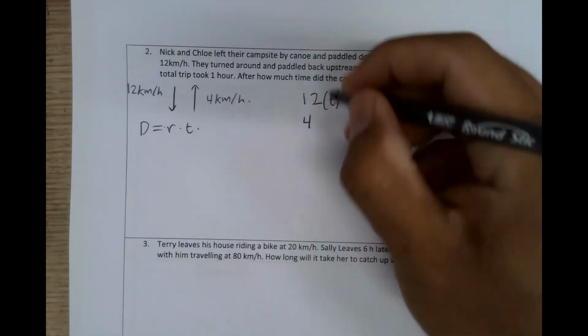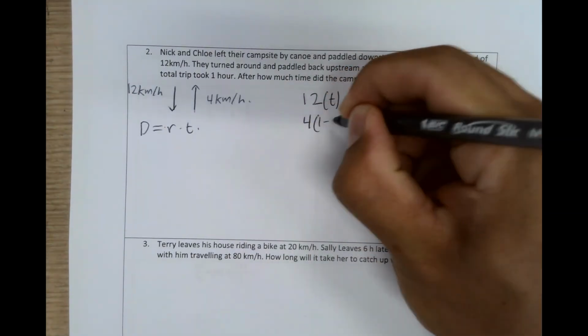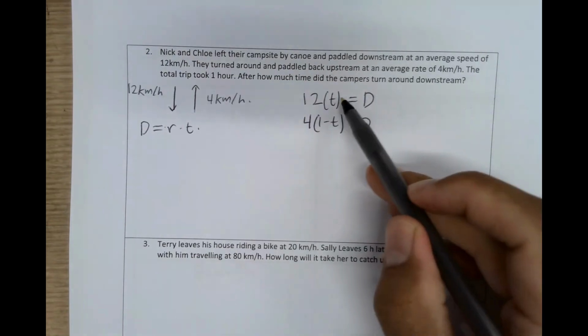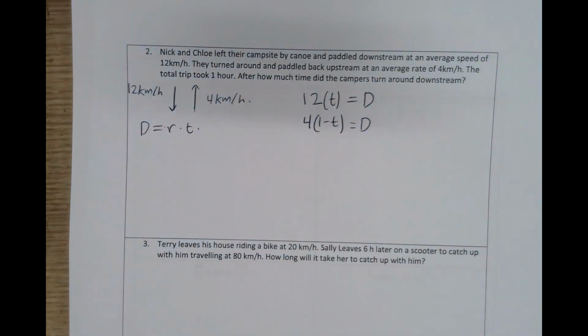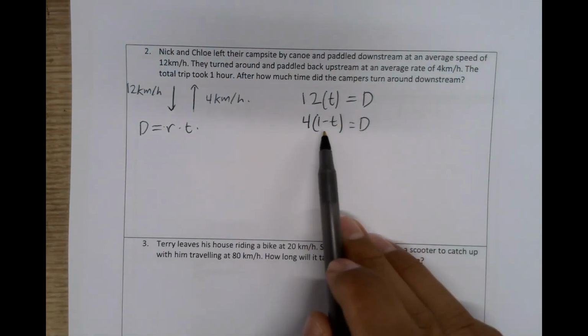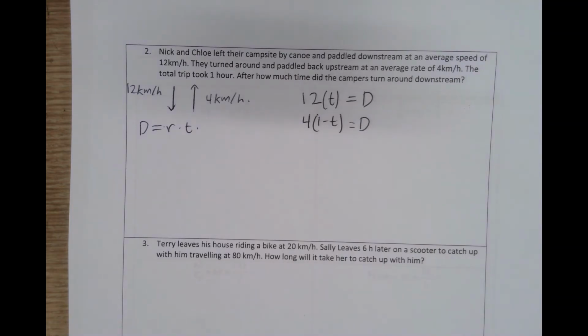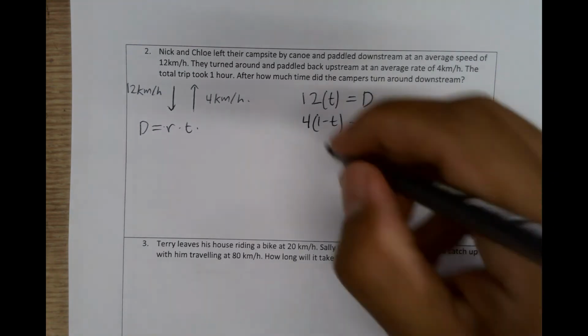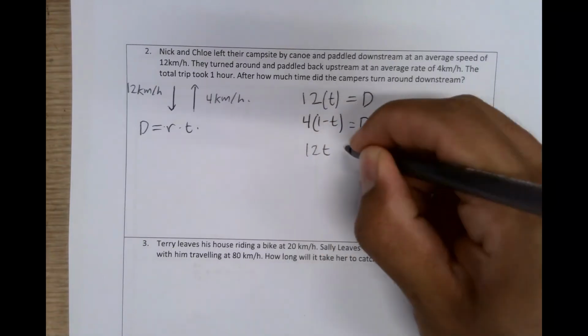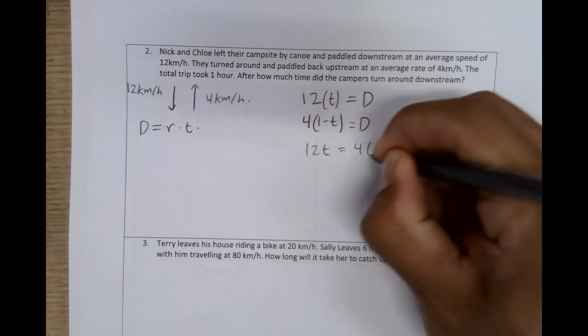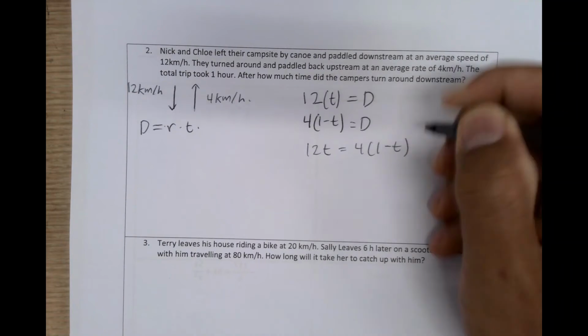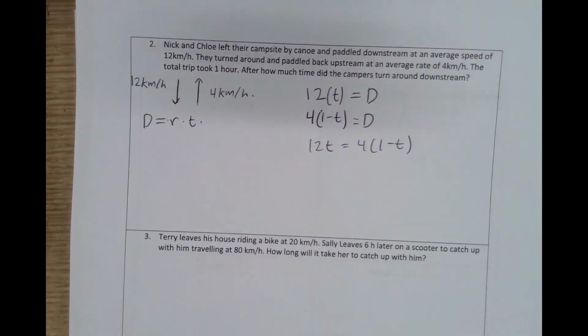So whatever remaining time, the time they took going upstream, is just going to be 1 hour minus the time they took going downstream. The rest of the time they spent going upstream, they covered the same distance. Since both of these equal the same distance, we could just set them equal to each other. So we do 12t is equal to 4 times (1 minus t), and then you just solve, because the hardest part again is creating the equation itself.